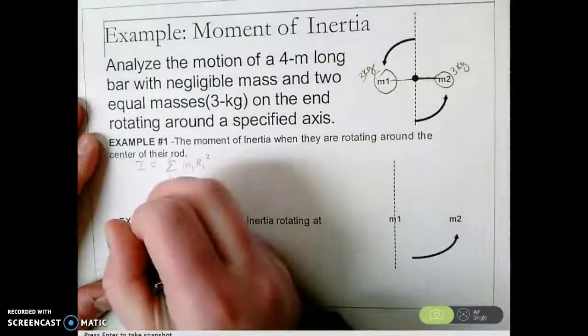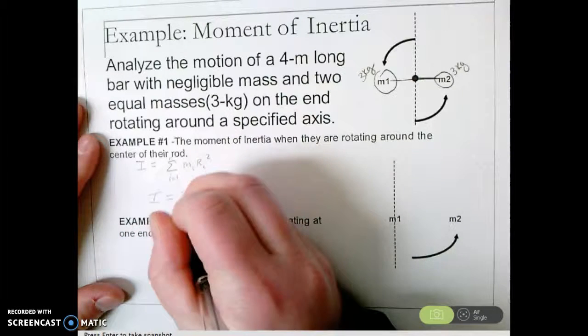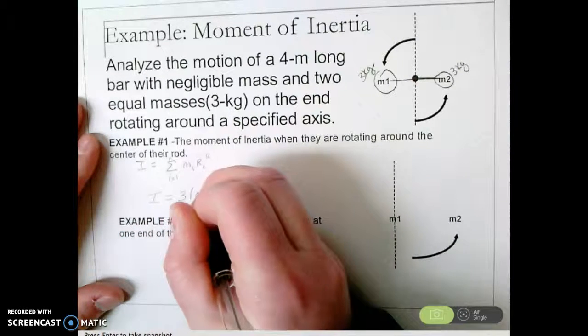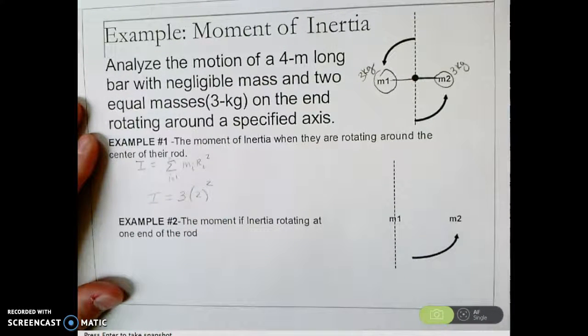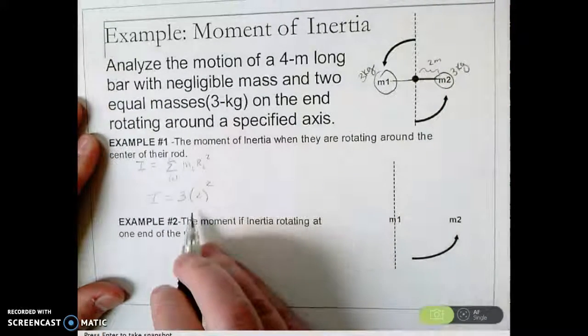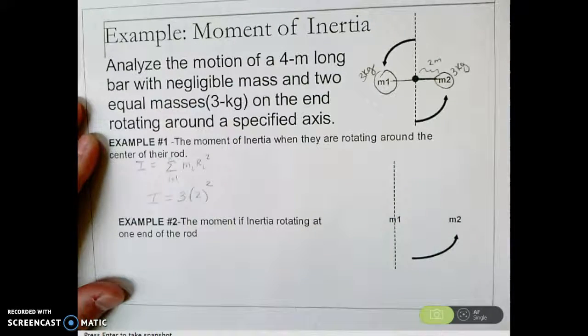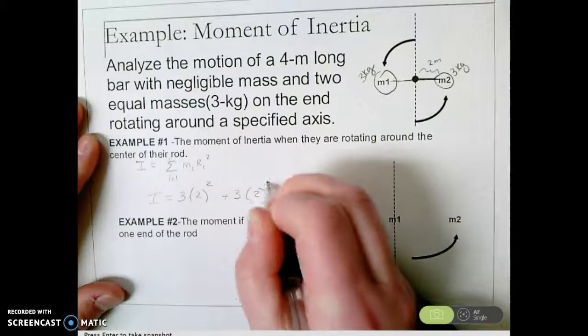So then our moment of inertia would be equal to the mass of object 1 times the location of object 1 squared. And the reason why we know it is 2 for the radius is because the bar itself is 4 meters long, so therefore half, or the center, would be at 2. So then this distance in here would be that 2 meters, which is going in here for r, plus 3 times 2 squared for the second mass.